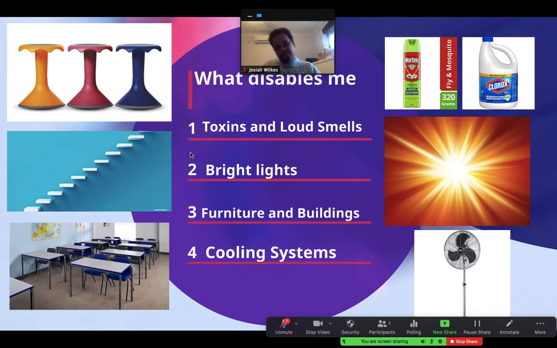So when you've got a student with a disability like autism or ADHD or a physical disability, one of the things you have to consider is what disables this student. Do bright lights disable this student? Does the furniture disable this student?